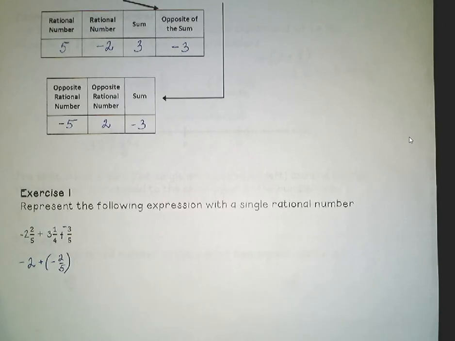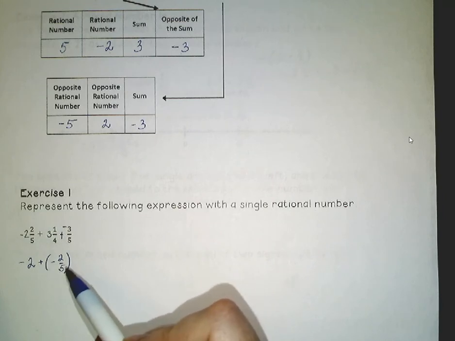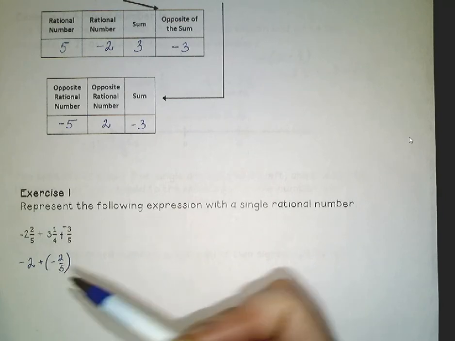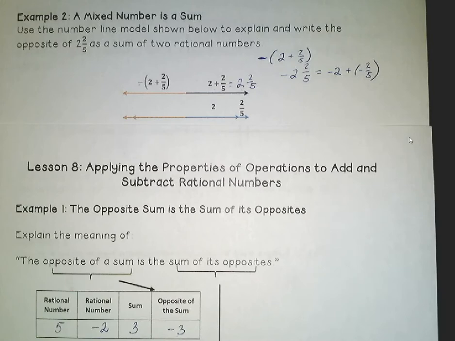It is important because if you write negative 2 plus 2 fifths, 2 fifths is going to be a positive number, which means I will have to go the opposite way on the number line. But we are going the same way on the number line, so it has to be a negative number again.